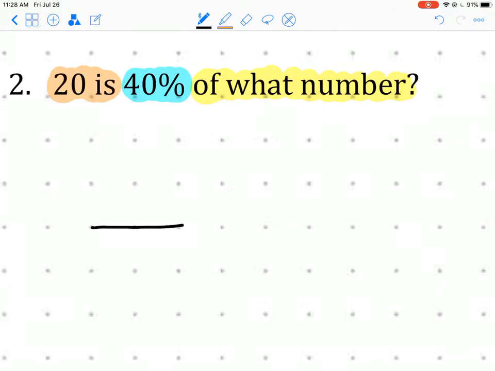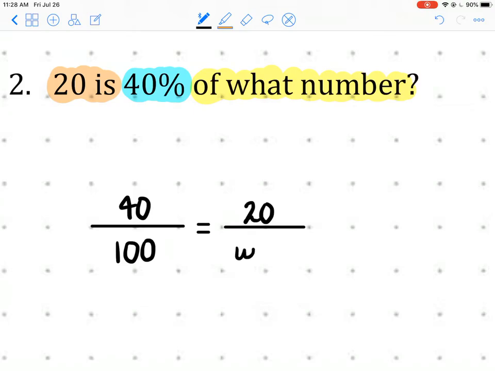So when you set up this proportion, it will work the same way every time. 40, that's the fraction form of 40%. And 20 is, that's a part. We don't know the whole. We don't know the of.